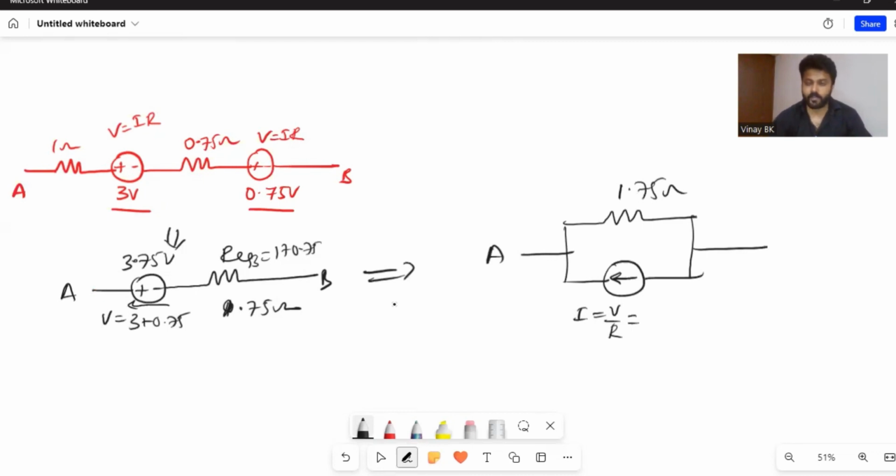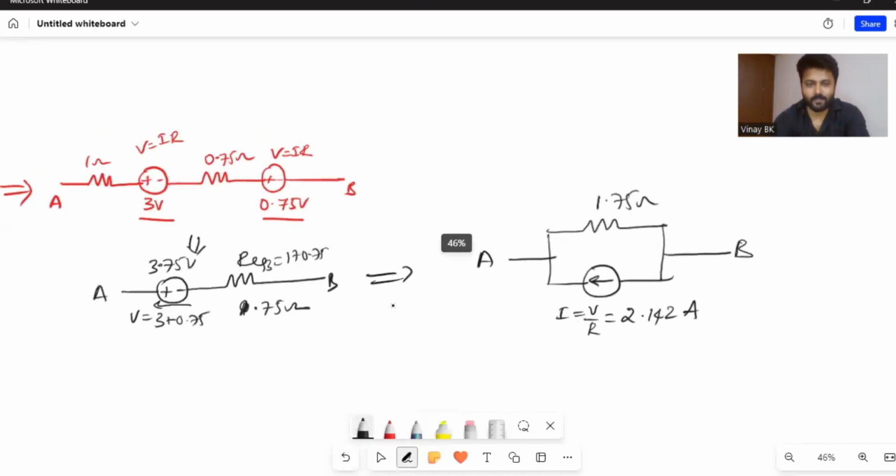You can get 2.142 ampere with respect to B. I equals V by R, V is 3.75, R is 1.75. So this is the answer.